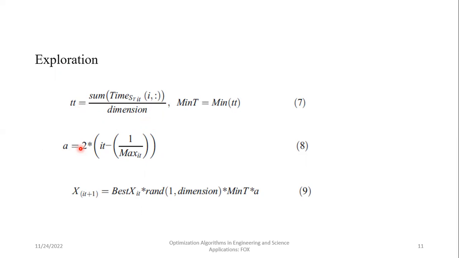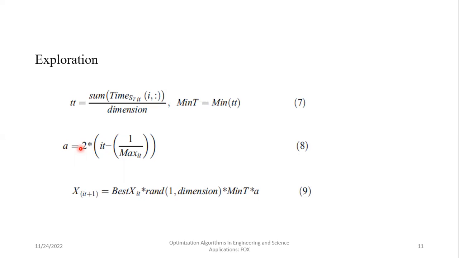So in other words, when the fox finds a prey, it wouldn't go on searching all the time. So the searching should be reduced over the iterations.